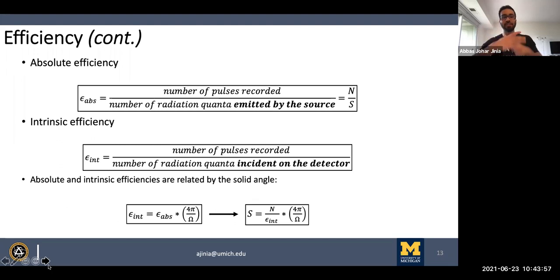Again, these two efficiencies are related by something called a solid angle. We can think of it as how much detector area is being seen by the source. So that gives us an idea of how much radiation will be incident on the detector.